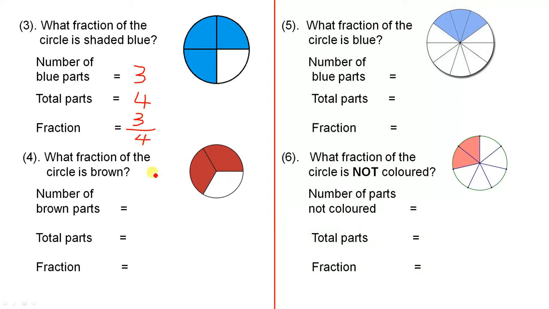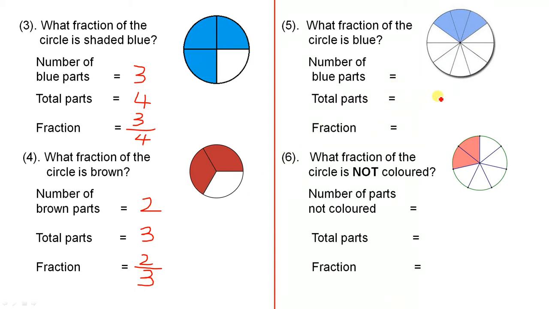What fraction of the circle is brown? The number of brown parts, 2. The total parts are 3. So the fraction of the circle shaded brown will be 2 out of 3, or 2/3.